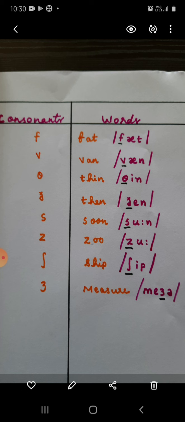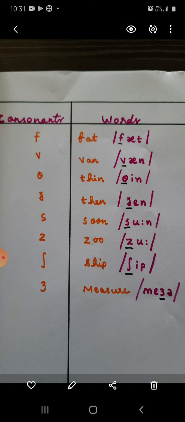Now the next sound we are going to deal with is V. That is V. Alphabet V we are writing and we are pronouncing it as V sound. Examples: van, V-A-N, van. Then V-E-I-N, vain. Any other example?